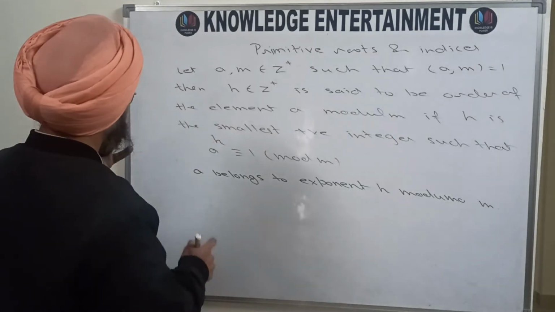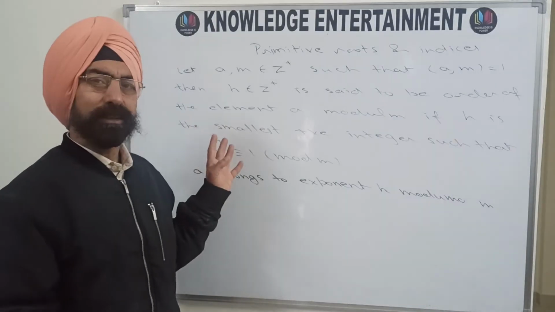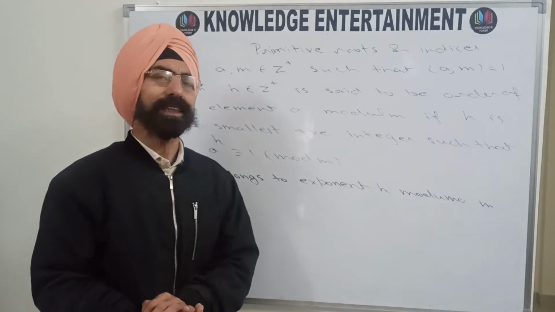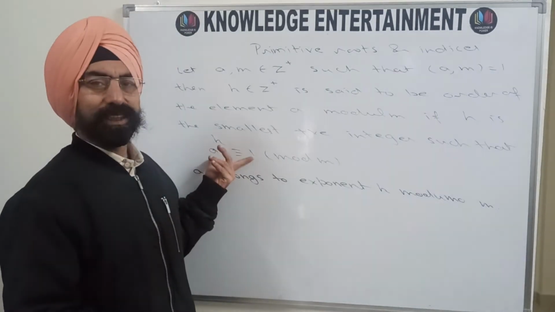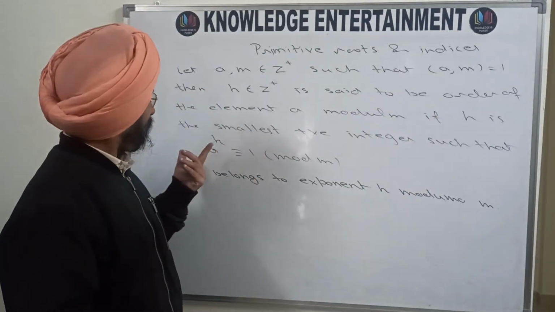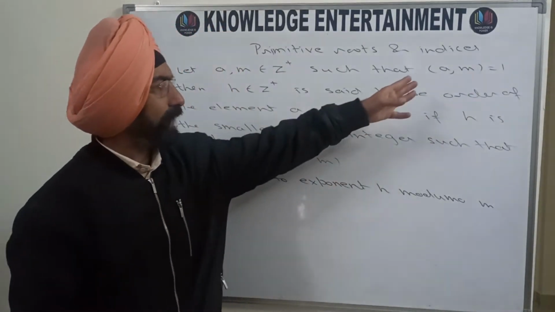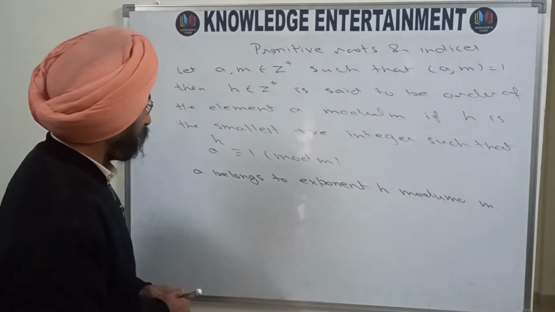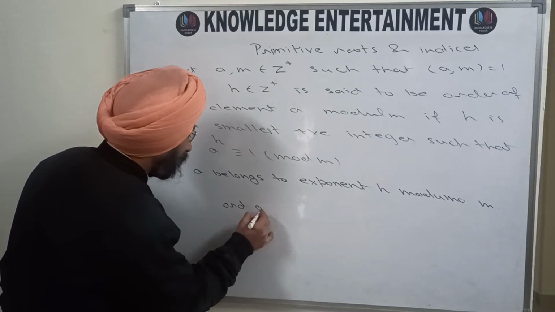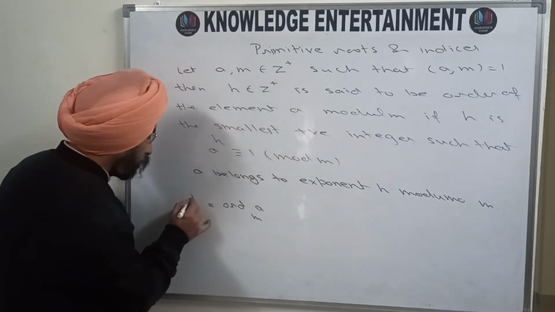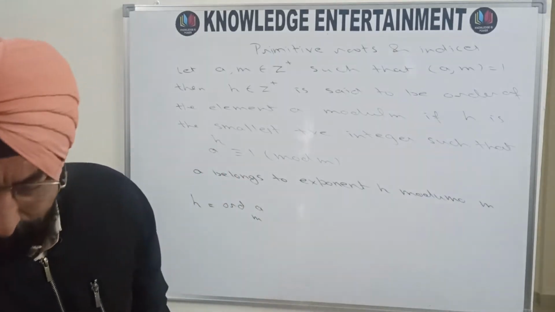So we say that a belongs to exponent h modulo m, or we say that order of a modulo m is h if h is the smallest positive integer such that a raised to the power h is congruent to 1 modulo m, and here GCD of a and m must be 1. This is the required condition, and we denote it as order of a modulo m is equal to h. This is the notation for order of a modulo m.